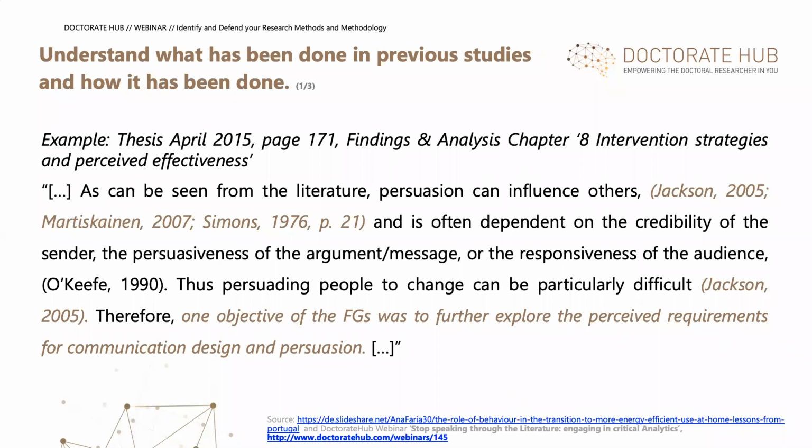There are 3 people who have been looking into this, and it is often dependent on the credibility of the sender, the persuasiveness of the argument message, or the responsiveness of the audience. Again, literature has been looking into that, and those parameters like responsiveness, argument and message persuasiveness have been provided in that literature to me, so I can be building on that.